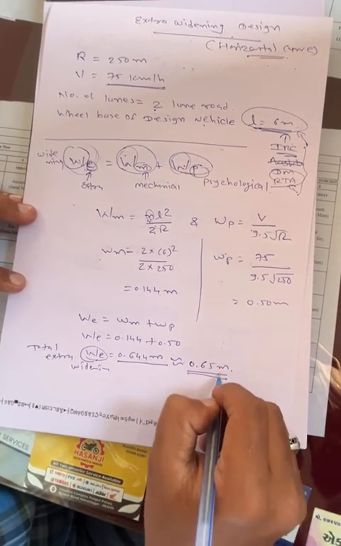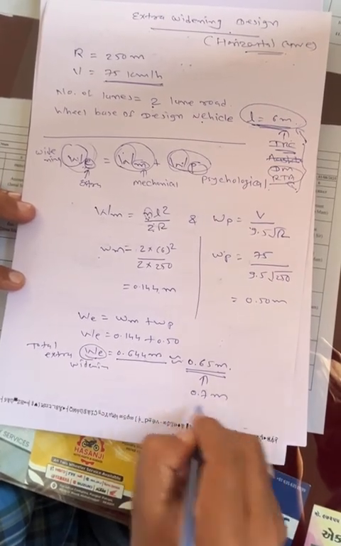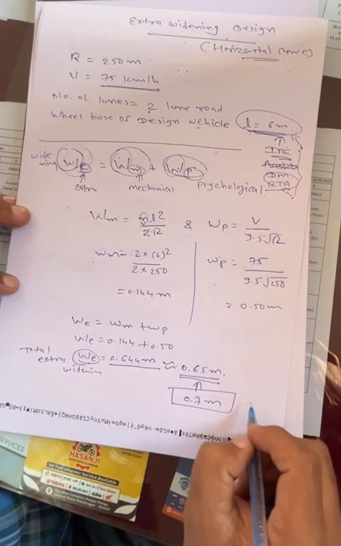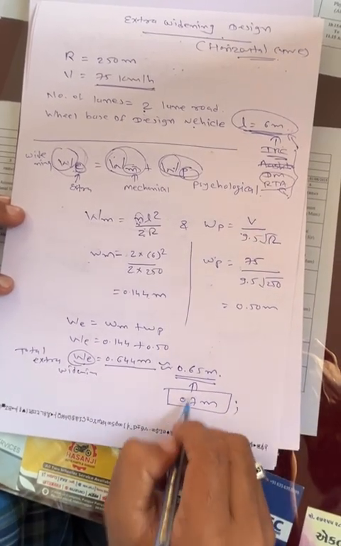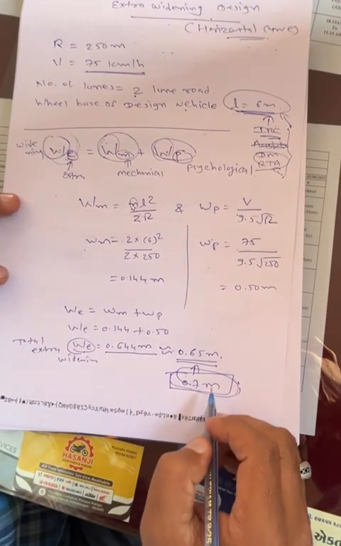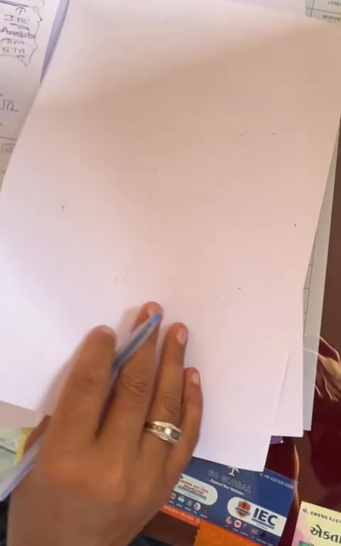For safety purposes we can take it as 0.7 meter. As a highway design engineer, most of the time we take this approximate value to make our road safe.